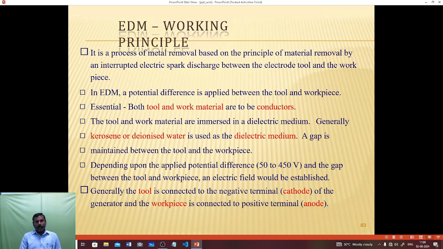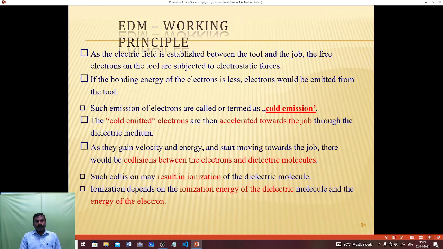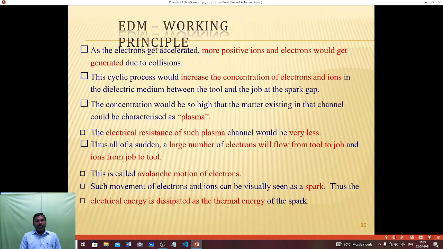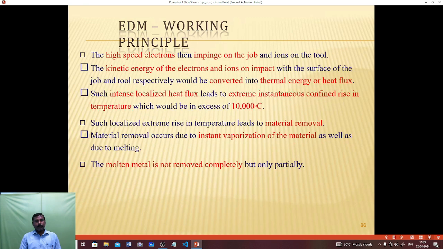Depending upon the applied potential difference and the gap between the tool and workpiece, an electric field will be established. The working principle of EDM is that as electrons get accumulated, more positive ions and electrons would get generated due to collisions, and the concentration would be so high that the matter existing in the channel would be characteristic of plasma.